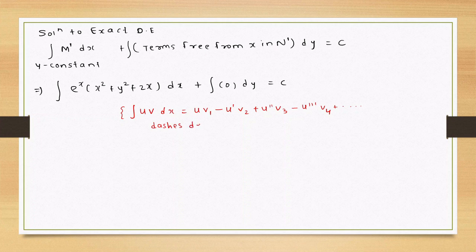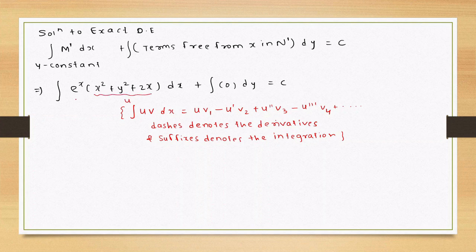Dashes denote derivatives, and suffixes denote integration. Correct. Okay. Now here consider u is this and v is this.